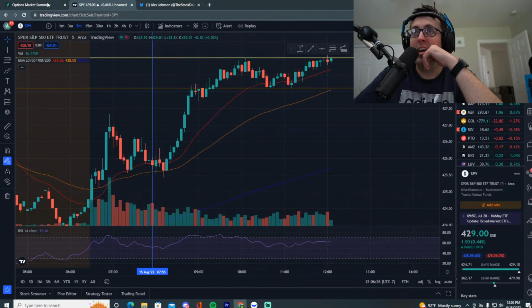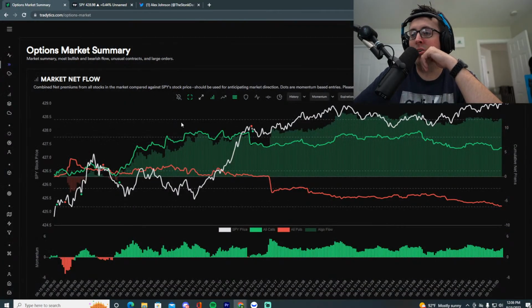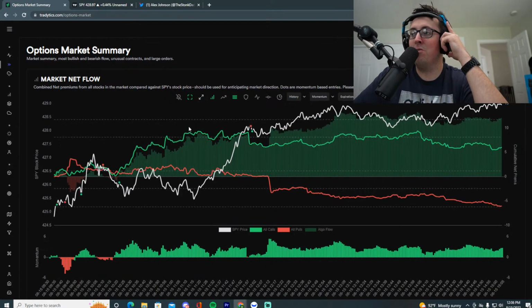So it just goes to show you guys that following flow works. I tell everyone in the lives that I've been in that it works about 8 or 9 times out of 10. And following flow is by far the greatest strategy that I've ever used in my whole entire trading career. I only started using it maybe a year ago, pretty exclusively just using flow.